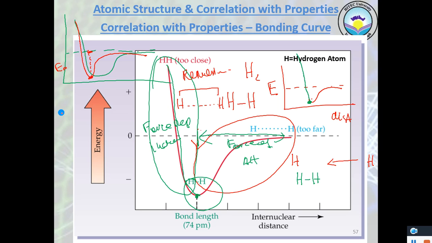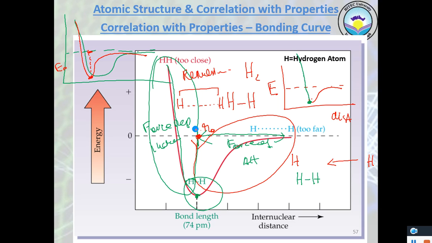That means it is required to dissociate atoms to separate ions at R naught. So R naught is the point. This is the R naught distance, and this is the point of dissociation where we can separate ions.